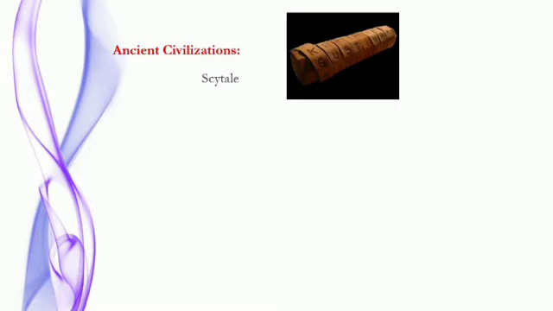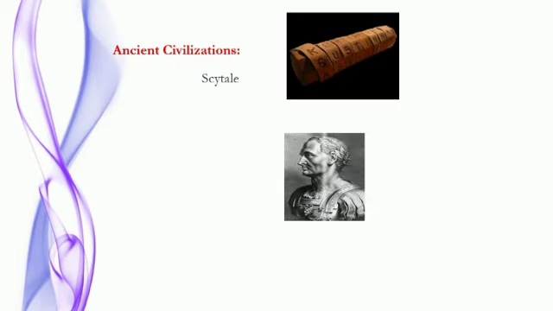So by using this tool, right? In their period, the Skytail was developed, and now this famous Roman emperor Julius Caesar developed a cipher method called Caesar's cipher, which was used by him to conquer the enemy countries.